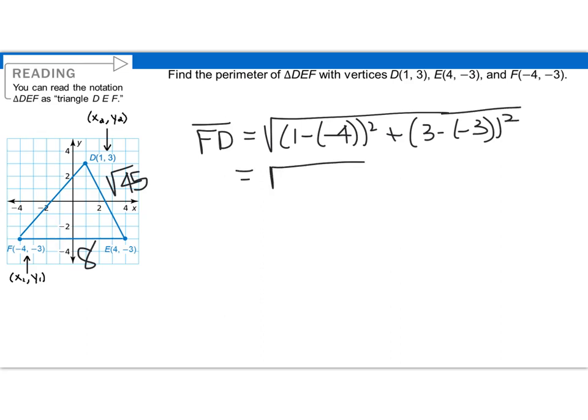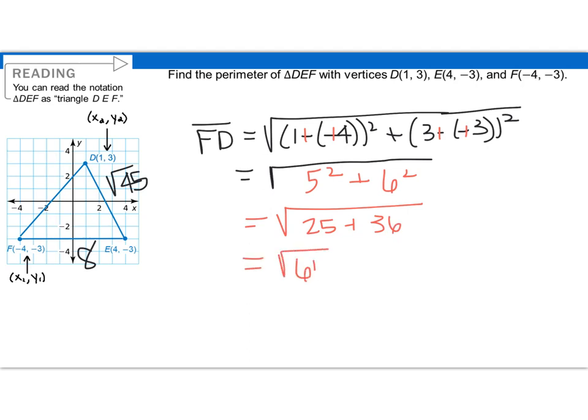So when I simplify, 1 minus a negative really becomes 1 plus 4, or 5 squared, plus 3 minus a negative 3 really becomes 3 plus 3, or 6 squared. So this is going to give me 25 plus 36, or the square root of 61, which is approximately equal to 7.81.